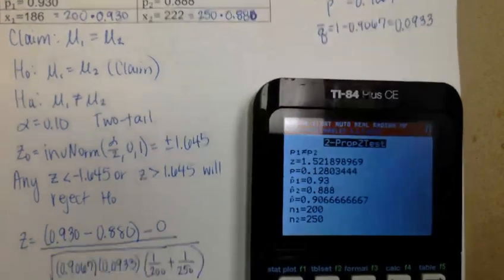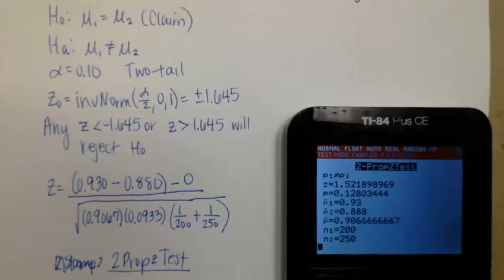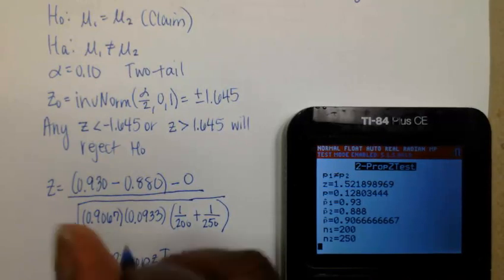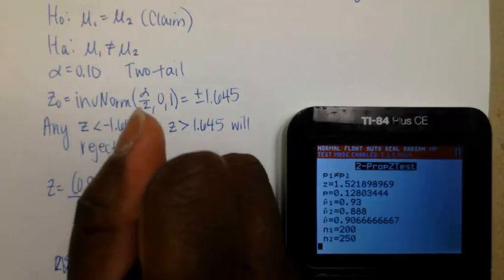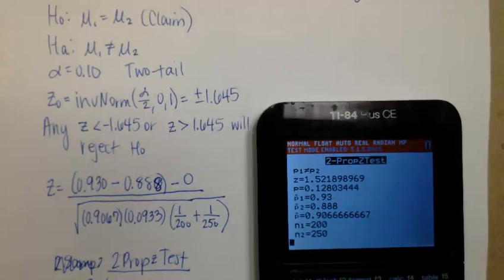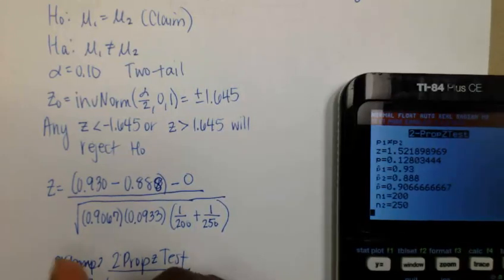So when you put this in the calculator, you should get z equals 1.52. Let me correct this, it should have been 0.888. Z is equal to 1.52 and p is equal to 0.1280. That's a probability, so we want 4 digits.